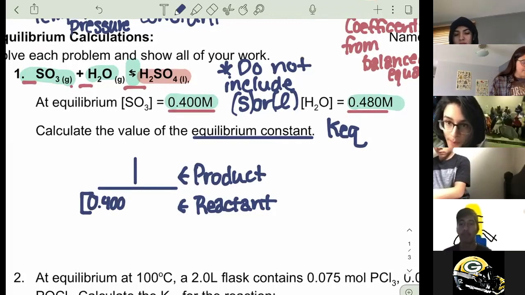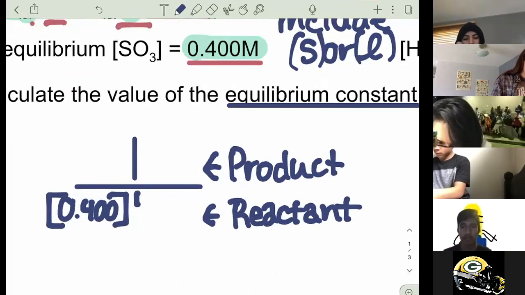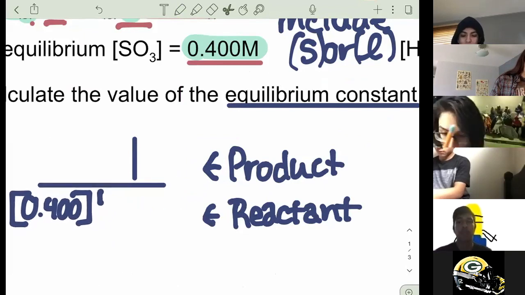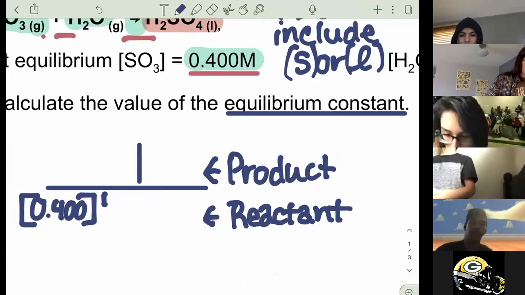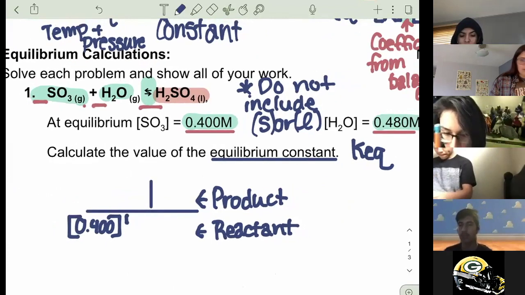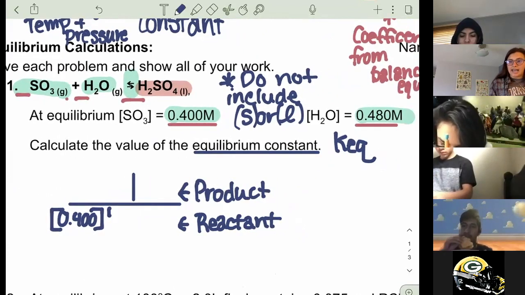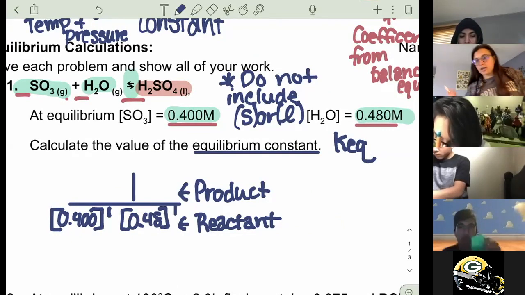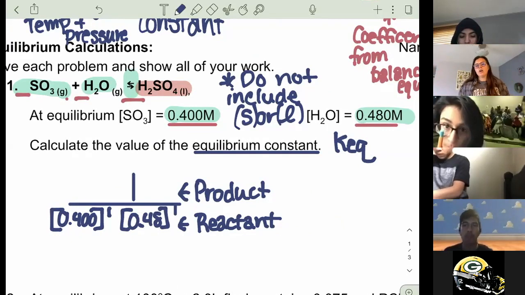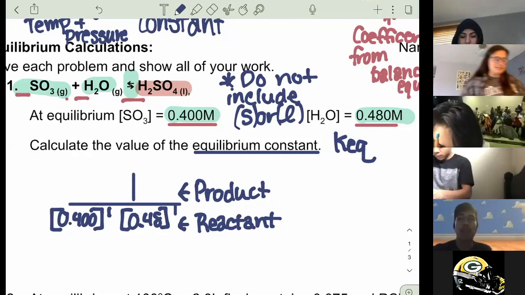Technically it's to the power of 1. Then our second reactant is water. It is a gas, so it is included. It's 0.48. It also has a coefficient of 1, so it's to the first power, which just means that it is as is.